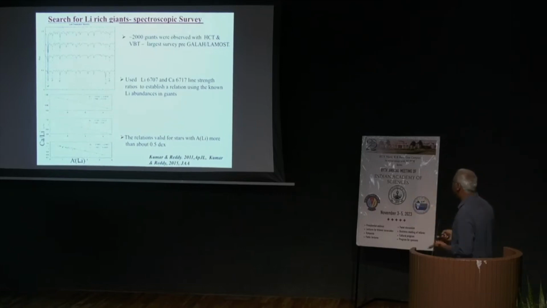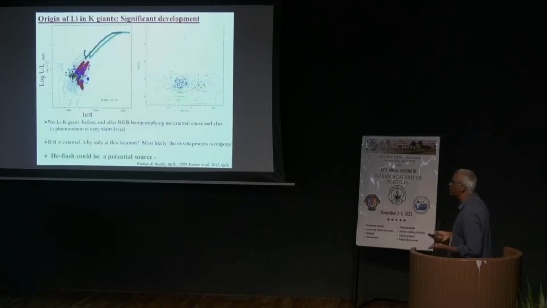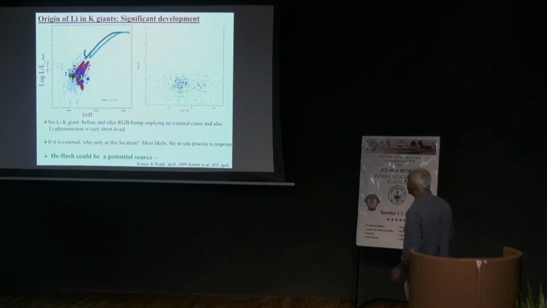So we used this technique, and what we discovered was almost 6 or 7 super lithium-rich stars, and some lithium-rich stars. What we found, amazingly, is that at a particular luminosity there is a peak. All the higher luminosities are something like 1.6.